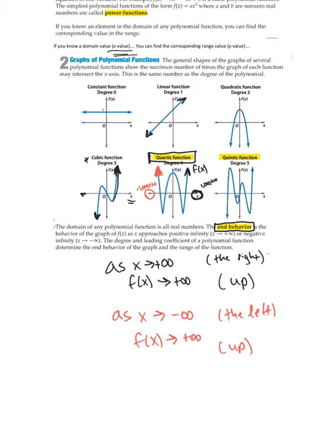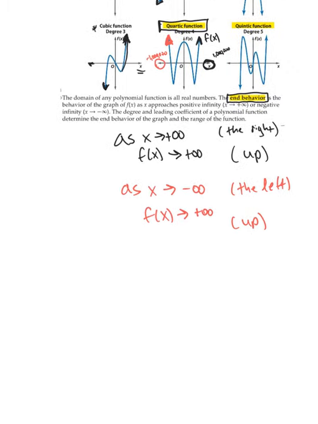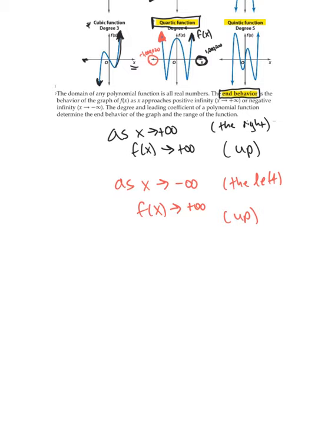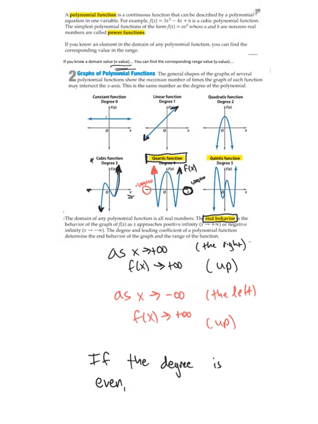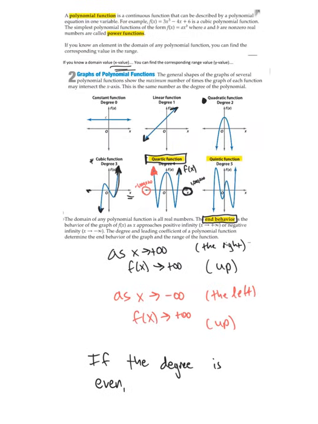It's important to understand that end behavior is related to the degree of a polynomial. If the degree is even, looking at these examples, here the degree was 2, here the degree is 4.